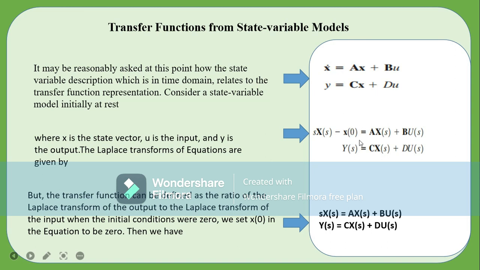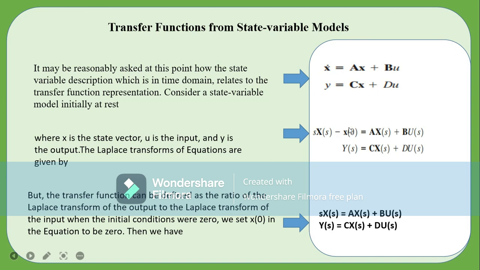Rather, it continues with the present state of the system. So it doesn't have anything to do with the previous knowledge of the system or how the system was before now. It considers that the system was totally at rest. So that's the reason for this language, at rest. It doesn't give you any previous knowledge of the system. And I think that was part of our comparison between the classical control system and the modern control system.